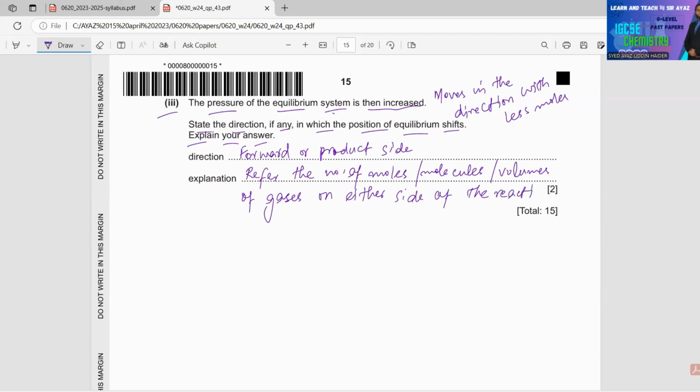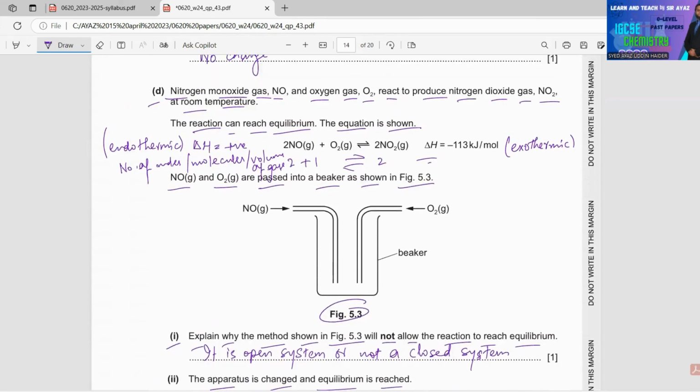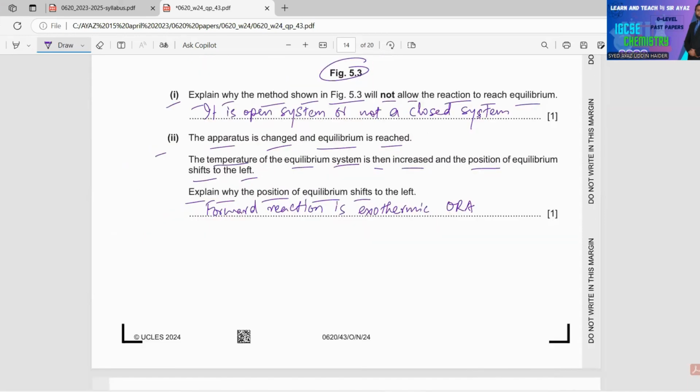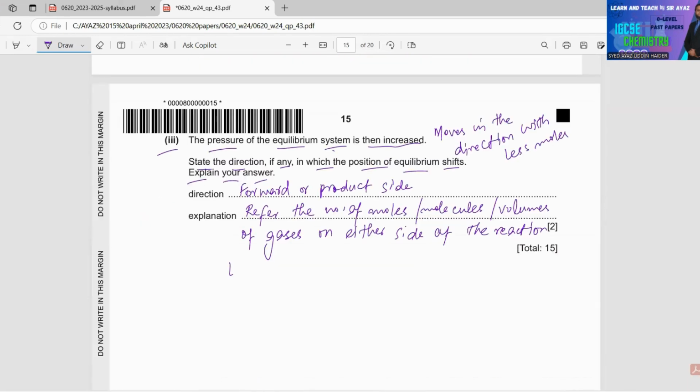So in this case, you are having less number of moles or volume of gases on the right-hand side, the product side, and high on the left-hand side, the reactant side.